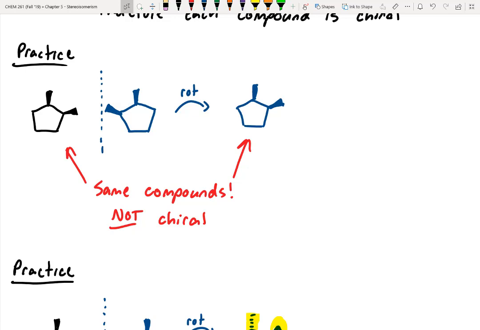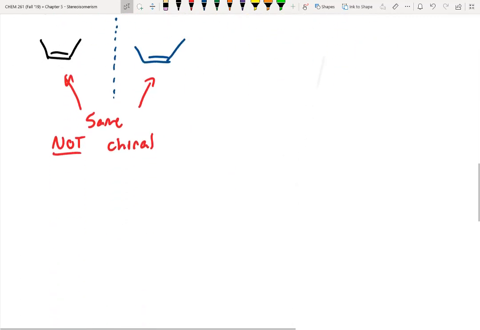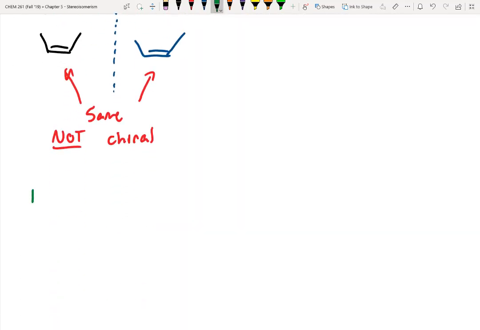It does matter a little bit because we do have to think about chair conformations, but we can always do chair flips and invert conformations as well, right? So we do need to keep that in mind. All right, I will give you a hint though. If you ever have an internal plane of symmetry, you cannot be chiral.